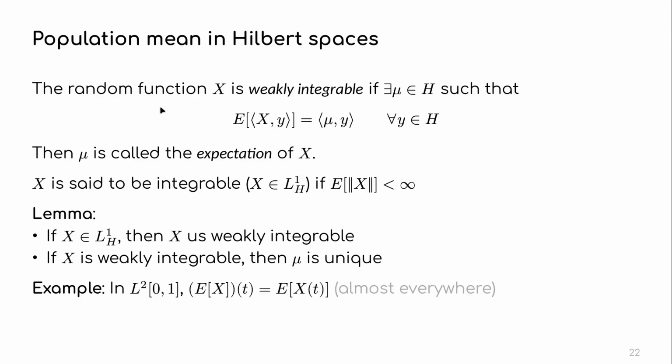A random function x is weakly integrable if I can find some function mu in H such that the expectation of this inner product, which is just a scalar valued random variable, so I can take the expectation of a scalar, equals the inner product of mu and y, for all y in H. If I can find a mu like this, then it's called the expectation of x. So mu is the expectation of x.